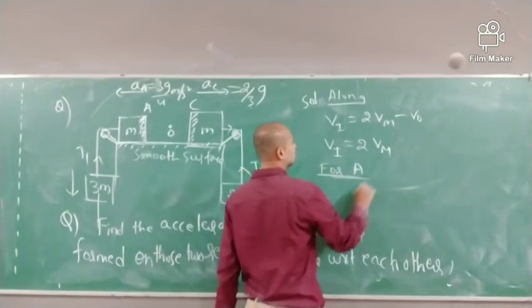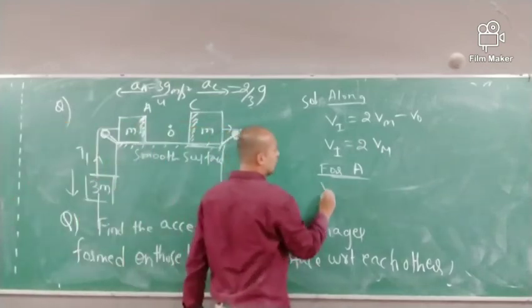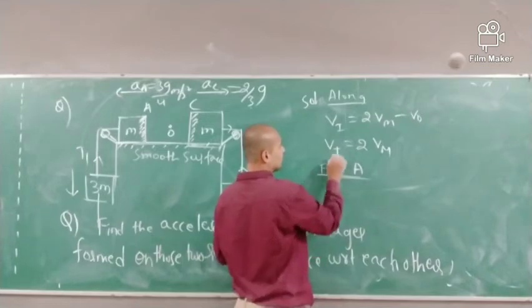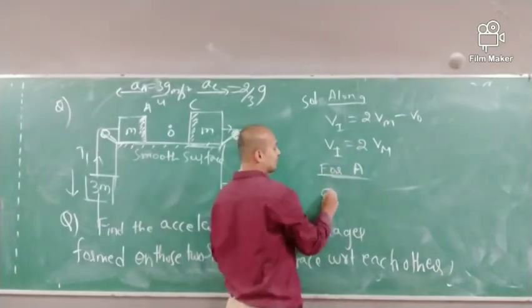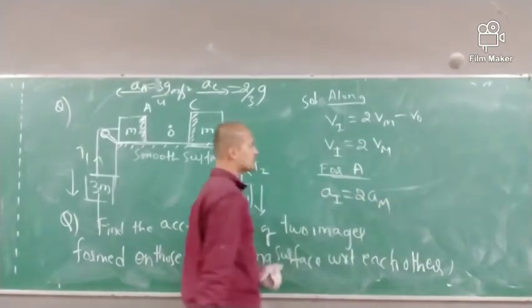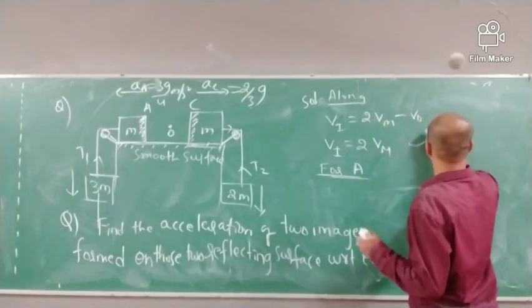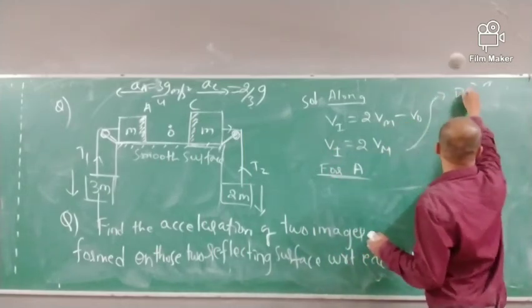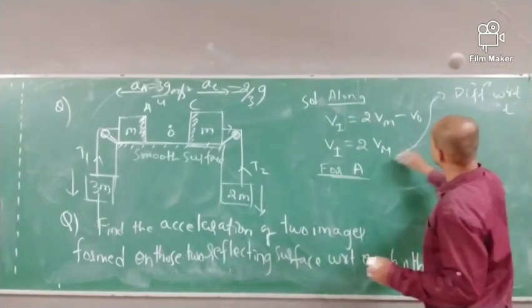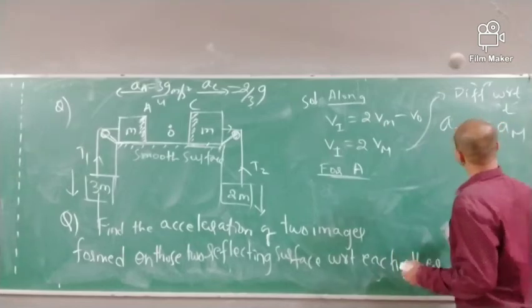For mirror A, what will become? If I differentiate this with respect to t, I will get acceleration of image is equal to 2 into acceleration of the mirror.